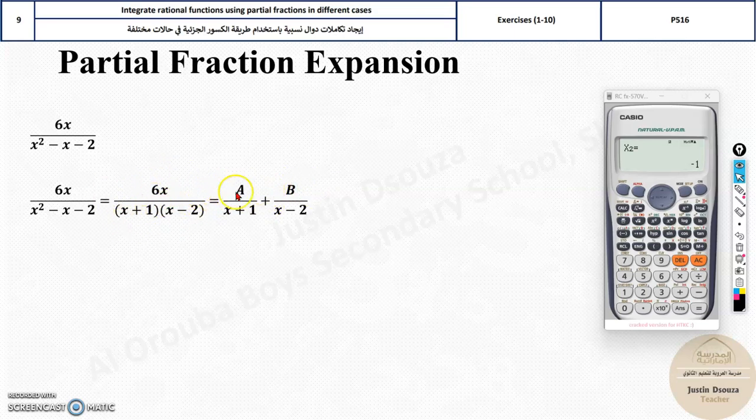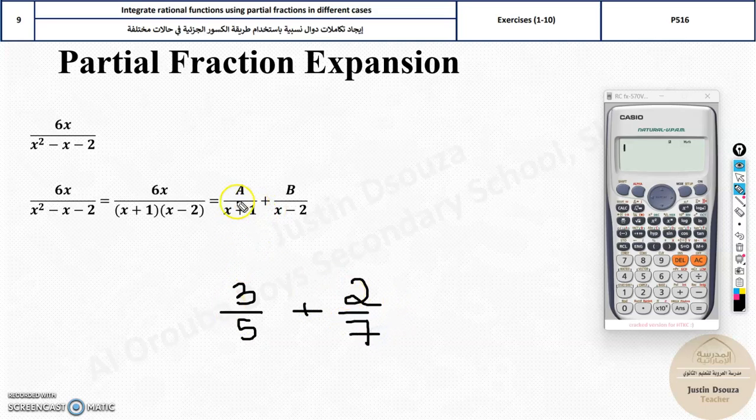Now, you might be confused about this at once. Let me make it a bit easier. Now, imagine, let me take, for example, 3 by 5 plus 2 by 7.